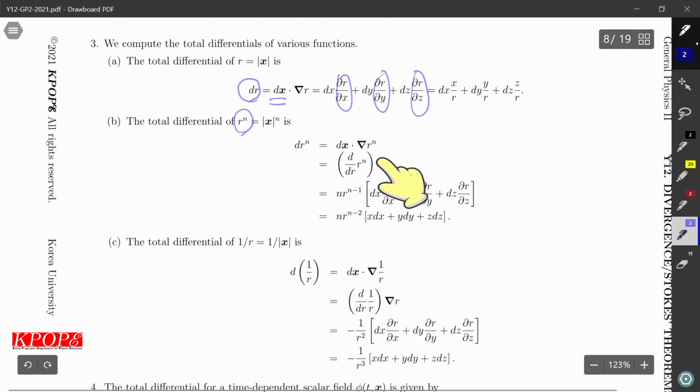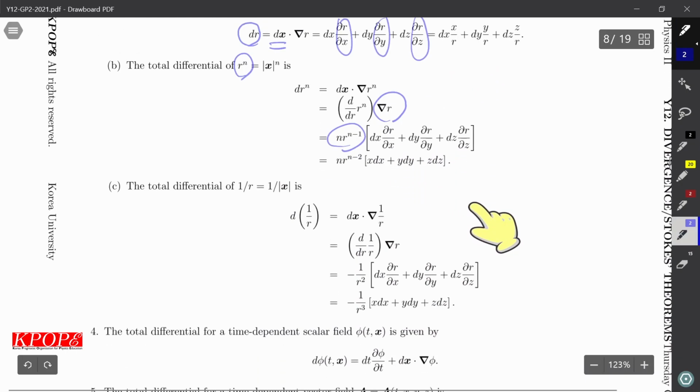This is again gradient of R to the n. Chain rule can be used, and this is n times R to the n minus 1, and gradient R is already obtained. We copy this result in here. As a result, these are z over r, y over r, and x over r.